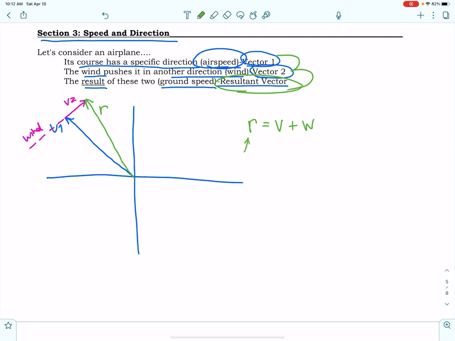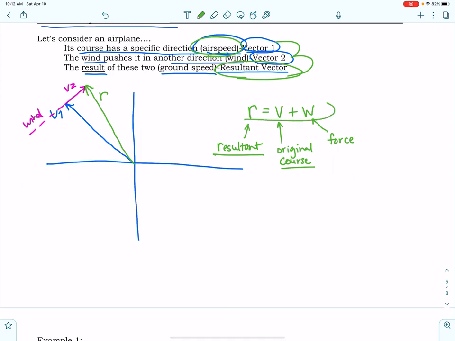So this, of course, is going to be your resultant, R. The V you can think of as your original course set by the airplane in this particular situation. And then the W is going to represent the force that acts upon the original course to give us a resultant vector. So that is what we're looking at here.